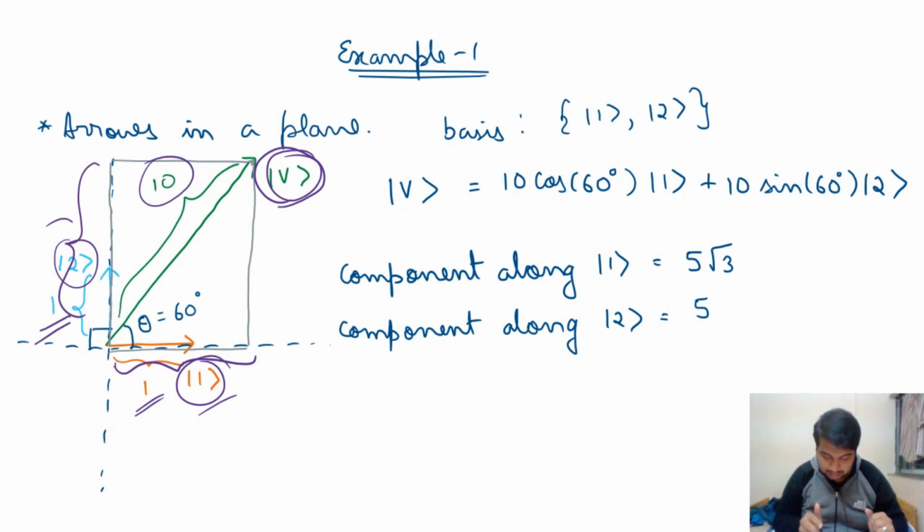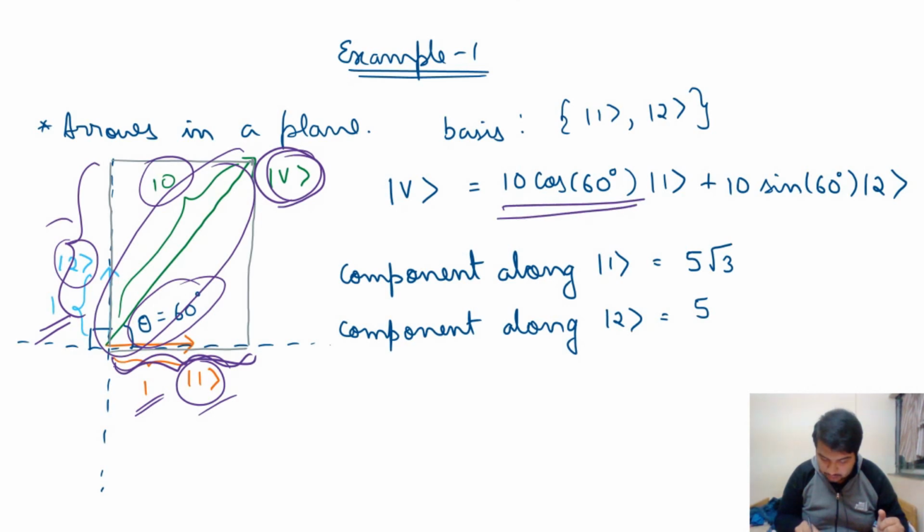And how do we get that? We simply get that by using simple trigonometry. This length, for example, is nothing but the length of this arrow times cos of this angle. So that is 10 cos 60, which is 5 root 3. Similarly, the length of this side is going to be 10 sin 60, which is just 5.